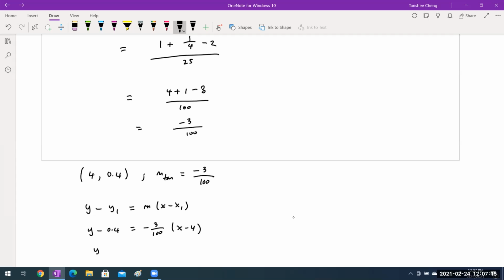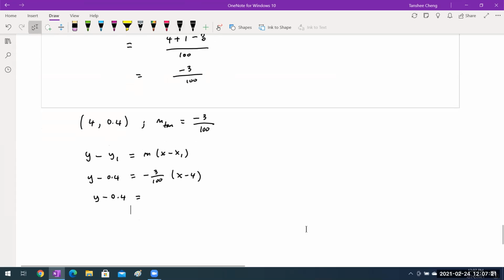If you want, you can convert this into decimals or fractions, whatever you want. This is 0.03, so I can say negative 0.03x plus 0.12, and then y will be equal to negative 0.03x plus 0.52, and that's the equation of the tangent line at that point.